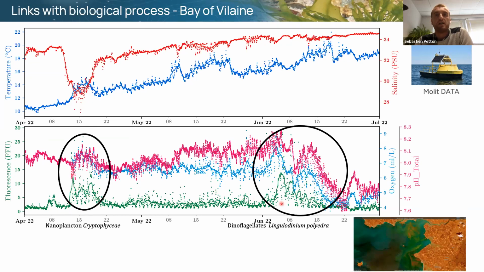And a bit later, in June, we get another bloom, but it's dinoflagellate. What is quite interesting is that after the bloom degradation, we can see a massive drop of pH directly correlated with the oxygen drop as well. So it's really interesting to have such a signal to determine the complexity of the biological processes.